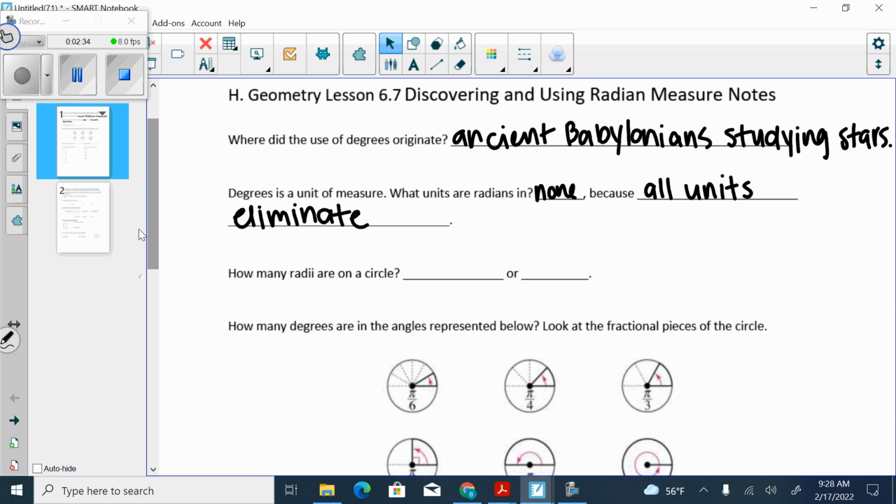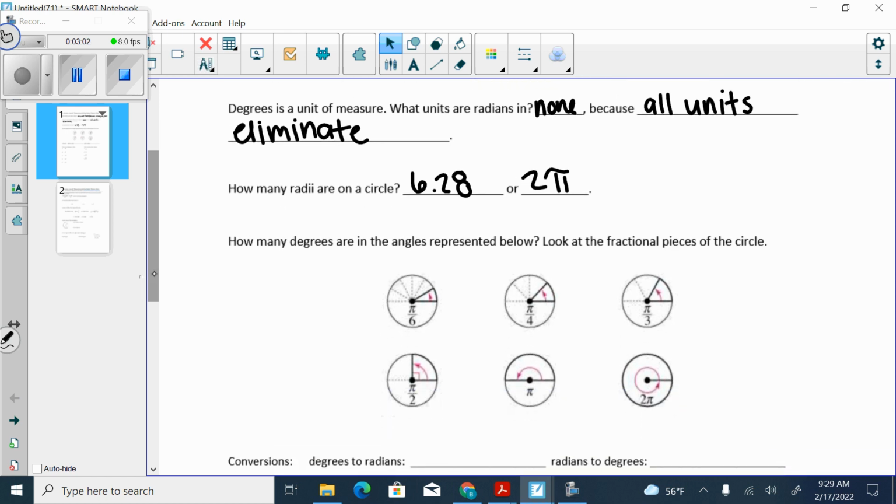Well, we know in degrees how many degrees a whole circle is, or how many degrees half of a circle is, right? But we haven't talked about what that looks like in terms of radians. So that would be about 6.28 for 2 pi. Okay, so our radians are going to be measured in units of pi.